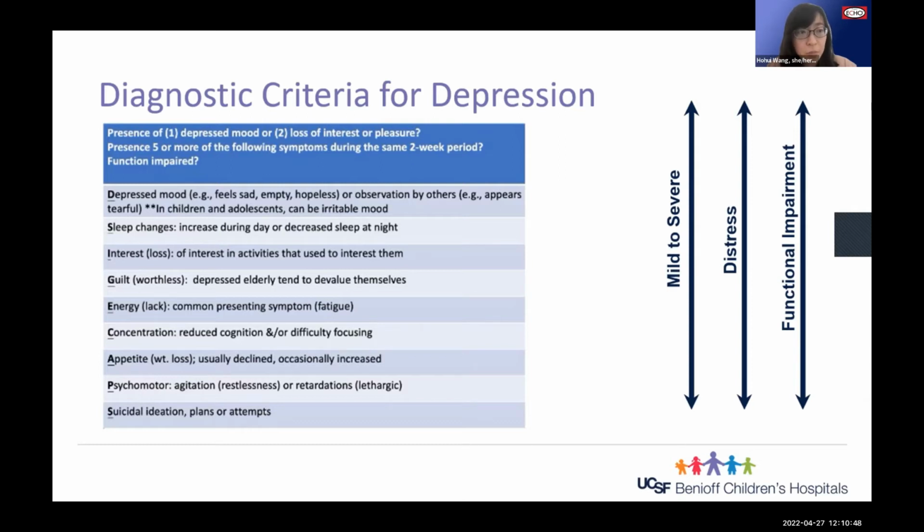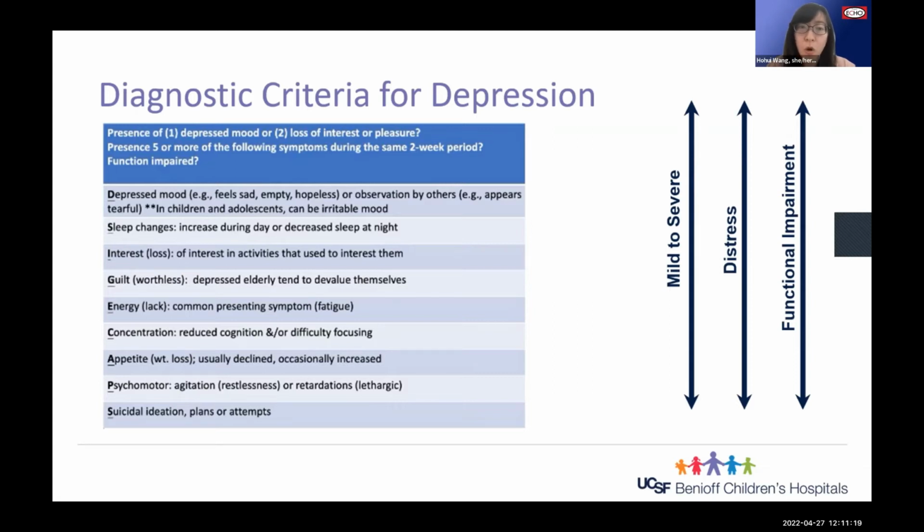As you can see: depressed mood, insomnia or sleeping too much, loss of interest, worthlessness or hopelessness, lack of energy, reduced concentration, lost or increased appetite, psychomotor agitation or restlessness, or retardation, which is the patient feeling malaised and not having energy to move. And finally, any suicidal ideation, plans or actions.